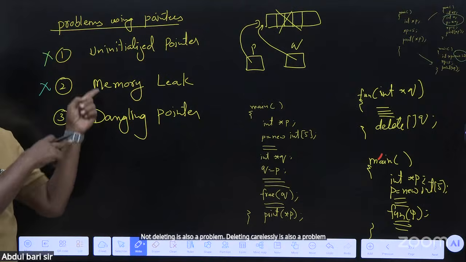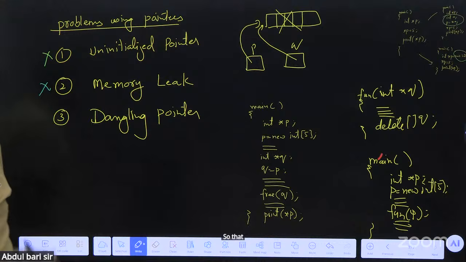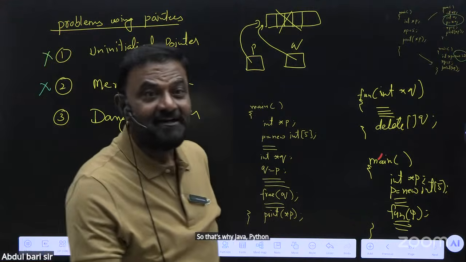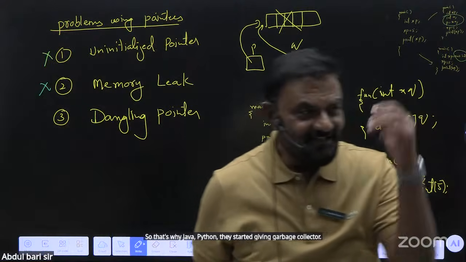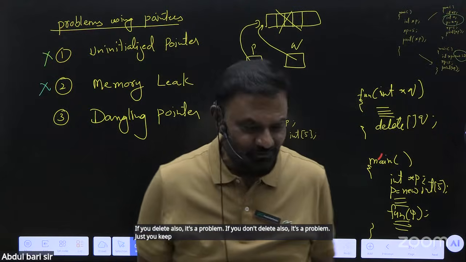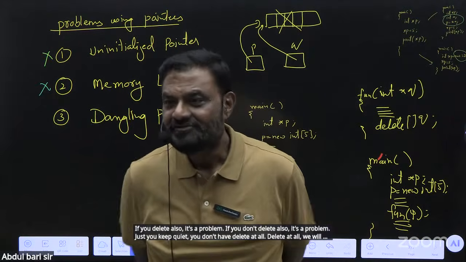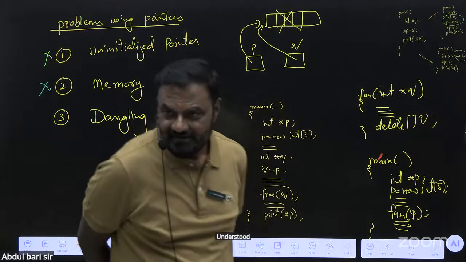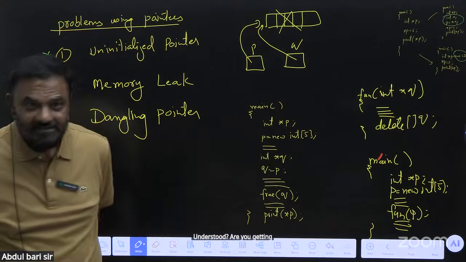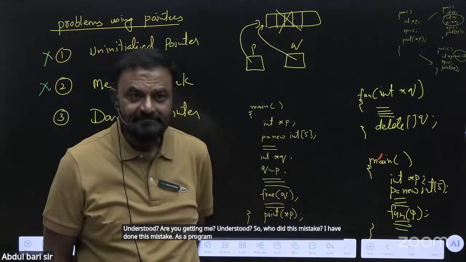That's why Java, Python started giving a garbage collector. If you delete also, it's a problem. If you don't delete also, it's a problem. Just keep quiet, you don't have to delete at all. We will take away the unused memory. Understood? So who did this mistake? I have done this mistake as a programmer. This is my program only.